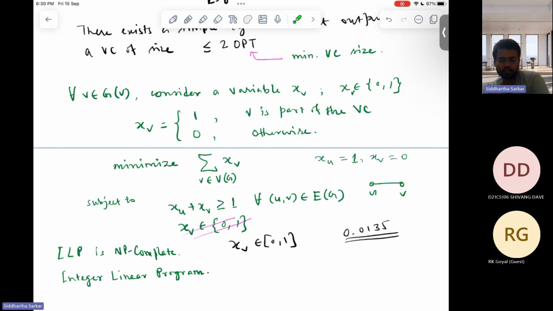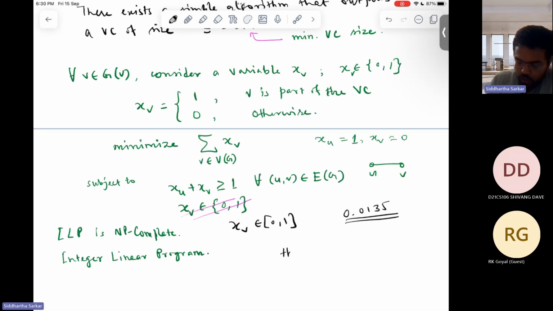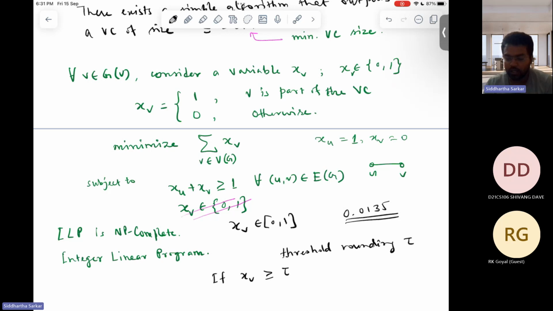And to do that, we will do another standard trick. This standard trick is called threshold rounding. So we are going to decide a threshold: if a given variable xv is more than, maybe more than or equal to, the threshold, so let us say the threshold is tau, where tau is some number between 0 and 1, then we are going to include the corresponding vertex v into our vertex cover.